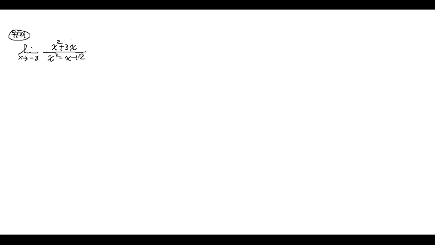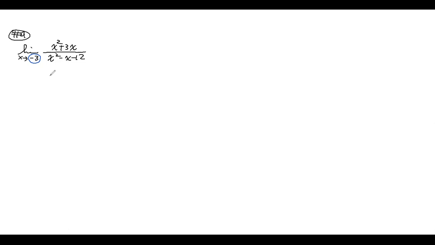When we do limits, the first thing is you always substitute the value your x approaches into the expression, to see if you can achieve some number. If the number exists, then your limit is there and you're done, all right?